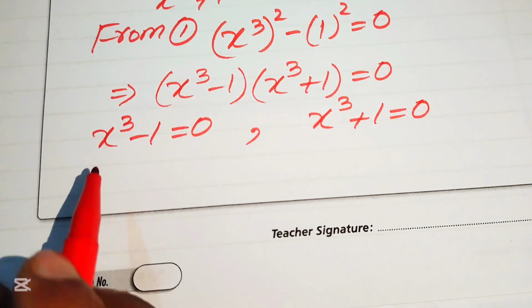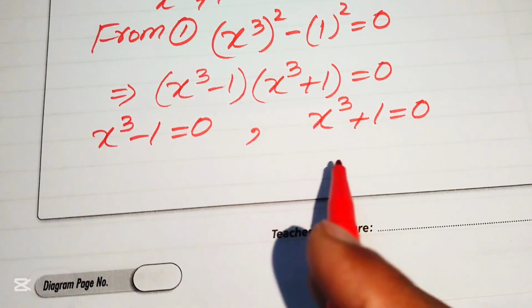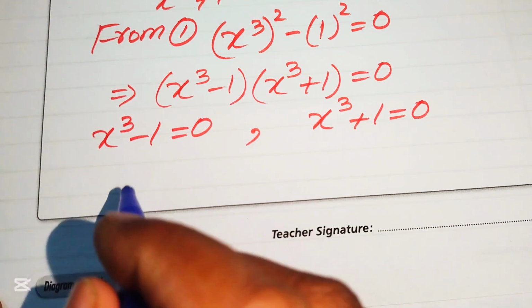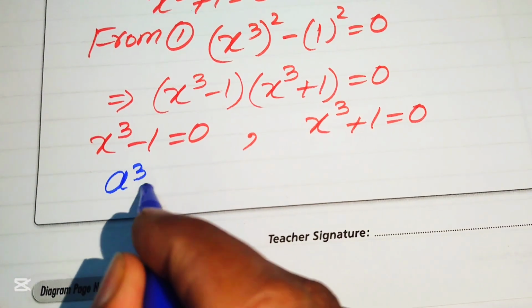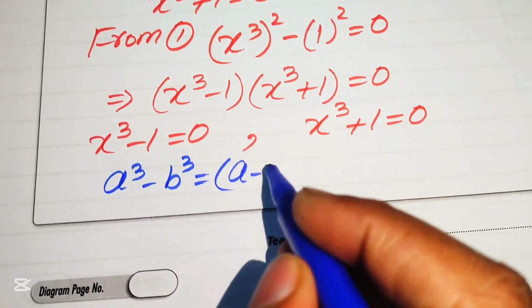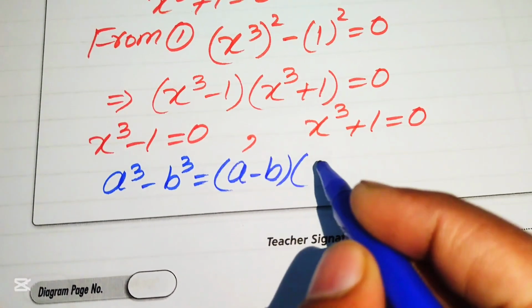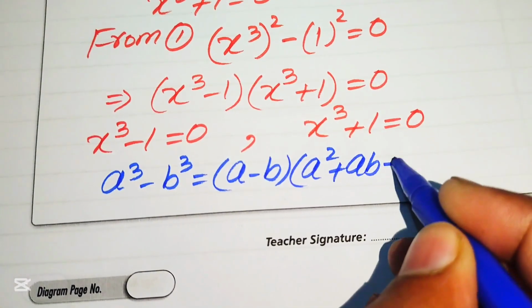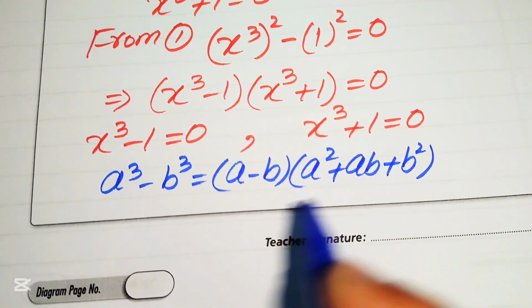So further you see here we have a cubed minus b cubed, and this is our a cubed plus b cubed. So here we apply these two cubic formulas, and you know about this formula. If we have a cubed minus b cubed, it is equals to a minus b times of a square plus ab plus b square.